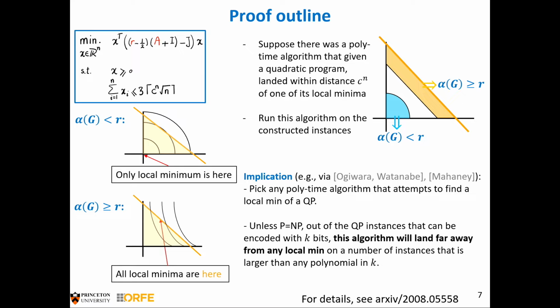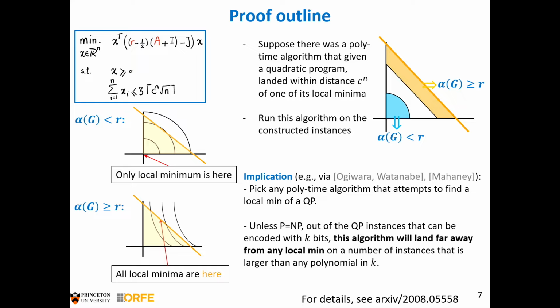Maybe I do gradient descent on a quadratic with a certain step size, maybe the 1 over k step size. And I take a step, and if it leaves the feasible set, I project back to the polytope. So projection to a polytope is efficient, and let's say I run this for n to the 100 steps. So now I have a fixed polytime algorithm. And the question is, does it find the local minimum of a quadratic program?